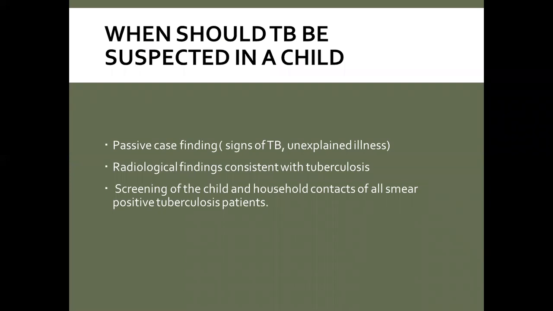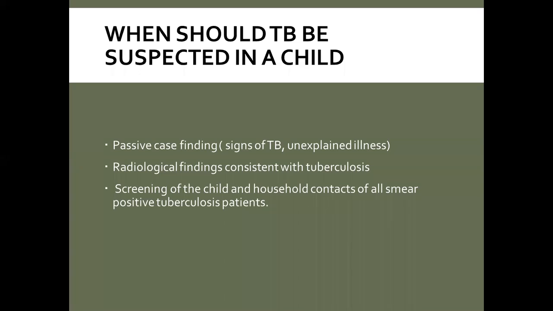When should TB be suspected in a child? This is a very common but very tricky question. We suspect TB as a passive case when the patient has an unexplained illness and we document signs of TB.